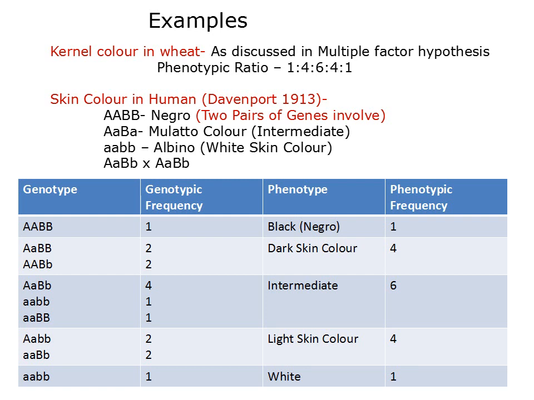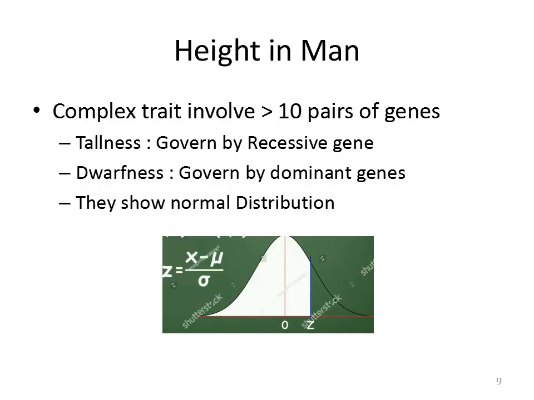If this is the condition, then the phenotype will be light skin colored and the possibility of this event will be 4. And only one individual may be there with all recessive alleles, small a, small b, and this will produce a white or albino type of phenotype. This is the example of quantitative inheritance in the case of skin color in humans.